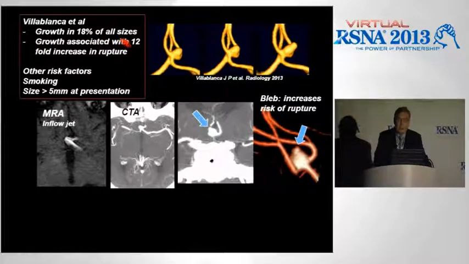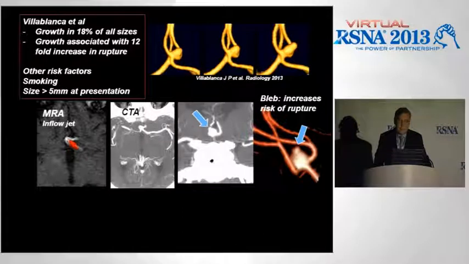In the past, it was thought that only the larger aneurysms were at high risk, but he found that there was growth in aneurysms of any size, and that if there was growth of the aneurysm, there was a 12-fold increase in the incidence of rupture. Other risk factors that he found are smoking, and if the presenting aneurysm size was greater than 5 millimeters.